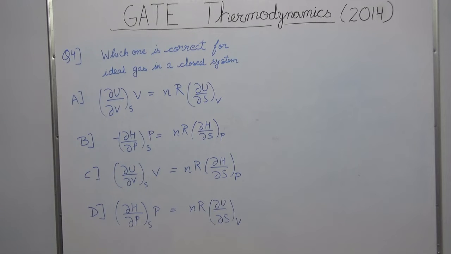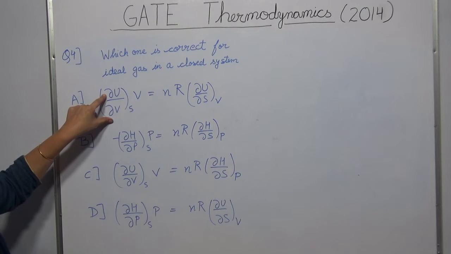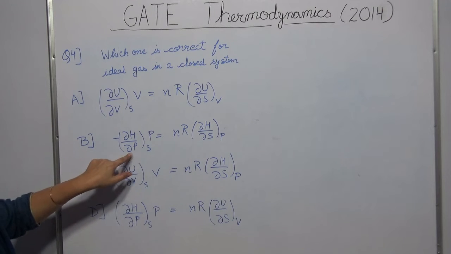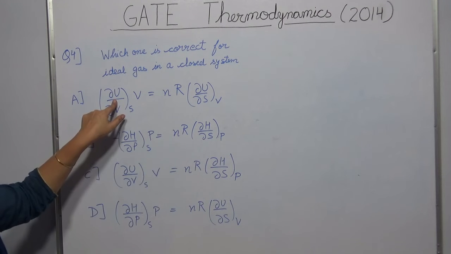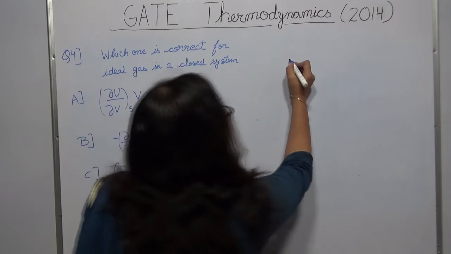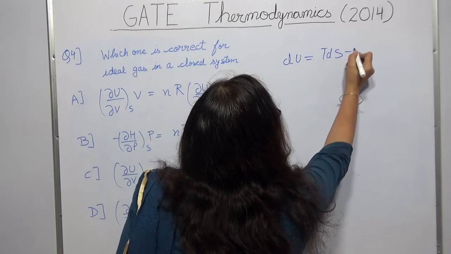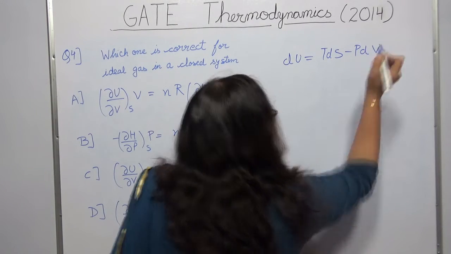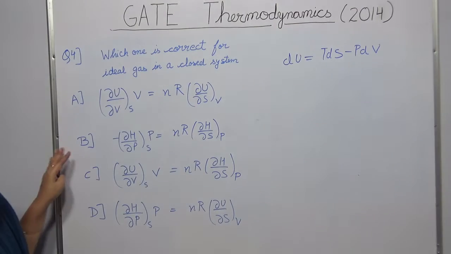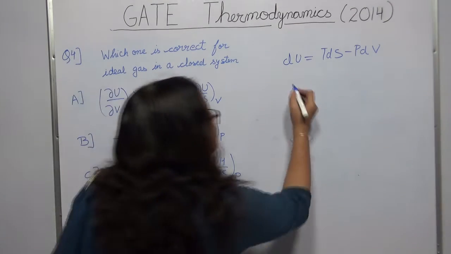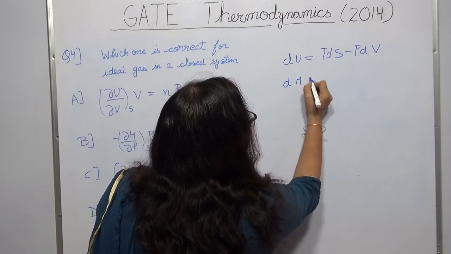Now let's see that they have taken partial derivatives of U with respect to V and S, and H with respect to P and S. So let's first write down the equations for U. dU is equal to TdS minus PdV, that is the equation which you remember. Now I have told you how to write equations from this equation. So if I have dH, how will I write it?